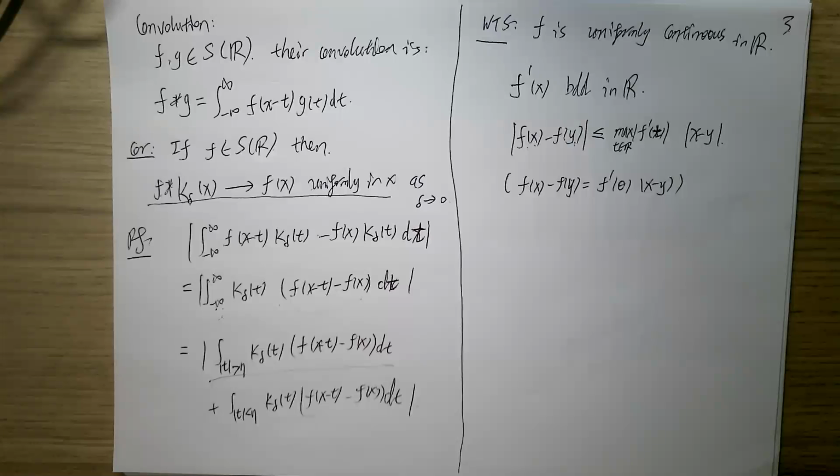So it's not necessary to be Lipschitz continuous, and it's not necessary for the derivative to be bounded. You can show that another way, but I think this way is easier for you.